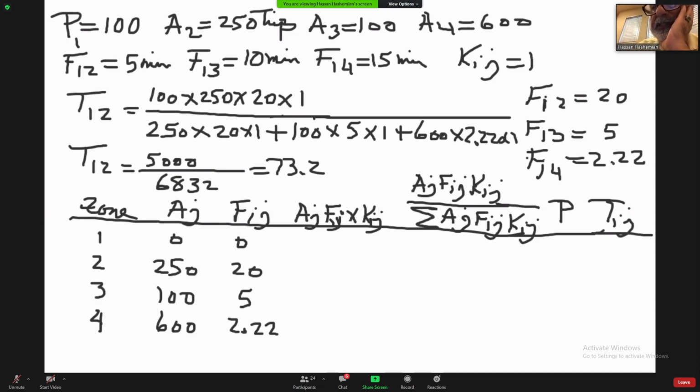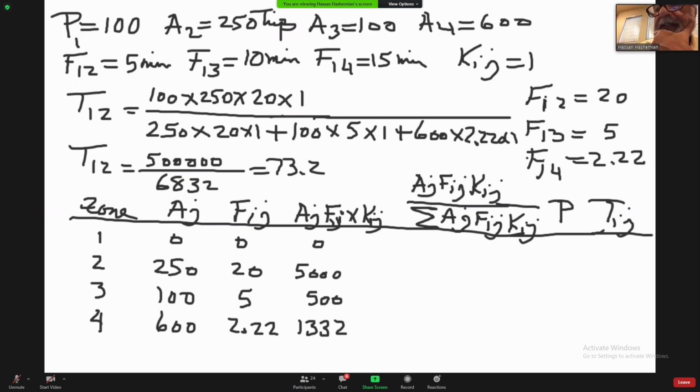So this will be 0. 20 times 250 will be 5,000. 5 times 100 is 500. 600 times 2.22 is 1,332.